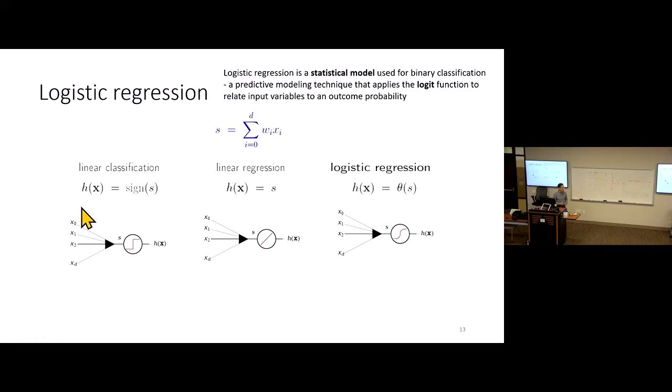So based on the type of your activation function, you can say my classifier is linear regression based with the sign, or logistic regression based, using this sigmoid function as output.